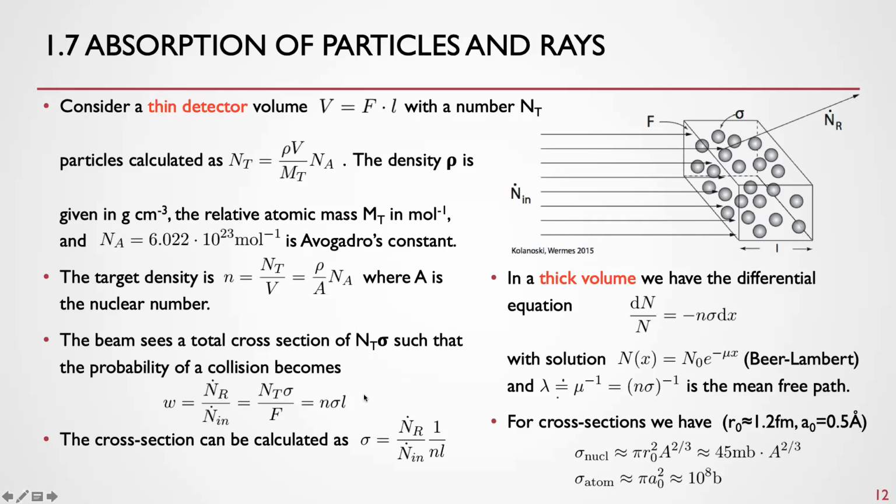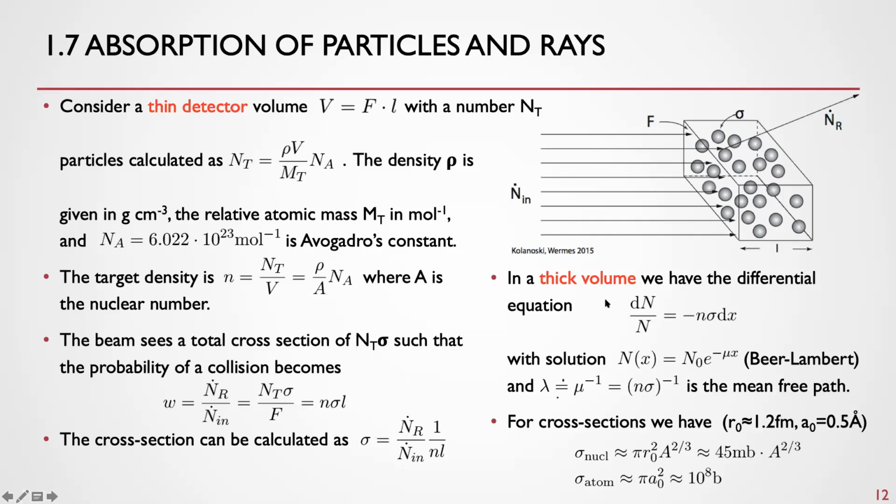So with this formula, in general, we can compute the cross-section from simple counting experiments if we know the geometry of our scattering element and the density of the particles in the scatterer.